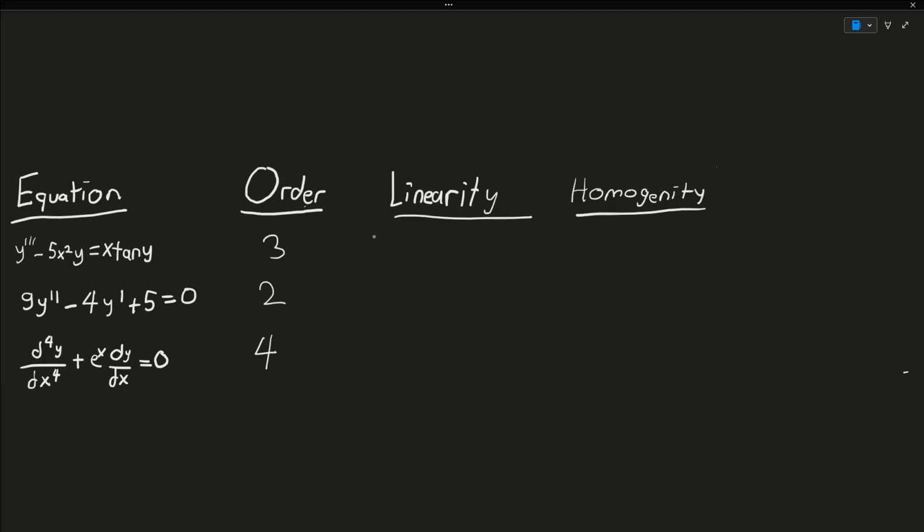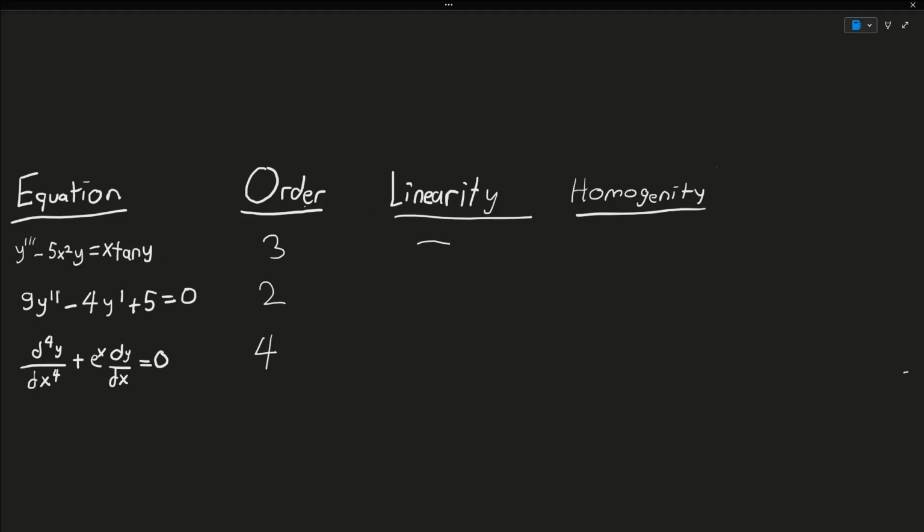Now let's think about linearity. For the first equation, the first thing that catches my eye is this tangent of y term. And as I said before, we do not want this. We do not use y as an input for another function. So this will cause it to be nonlinear.